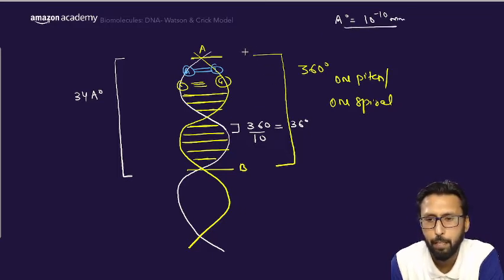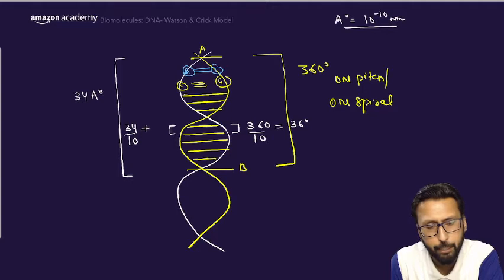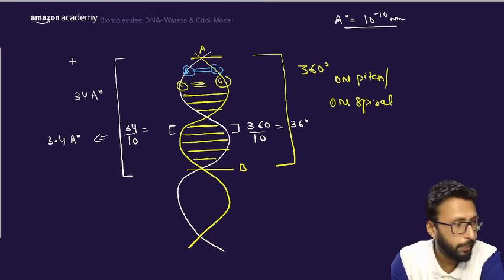So 34 Angstrom is the total length from point A to point B. If I want to find the length between two base pairs, how much will it be? Again the same formula, 34 upon 10, that becomes 3.4 Angstrom.